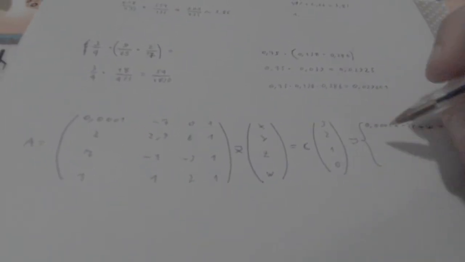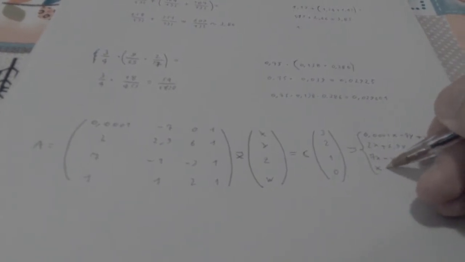So we basically have 0.0001x minus 7y plus w equal to 3, of course. And then we have 2x plus 2.9y plus 6z plus w equal to 2.